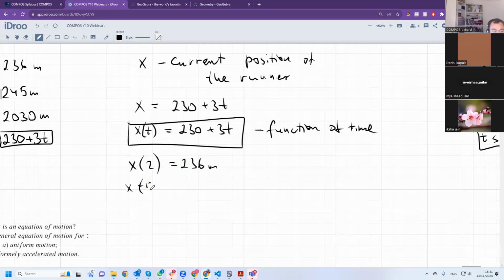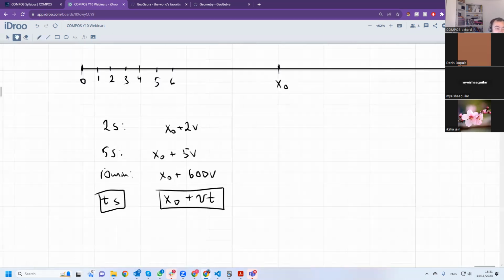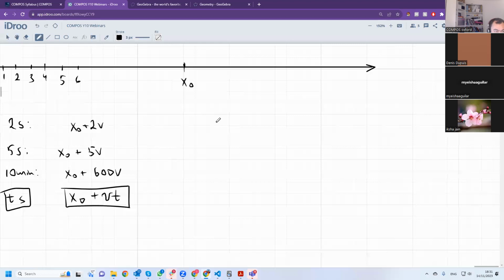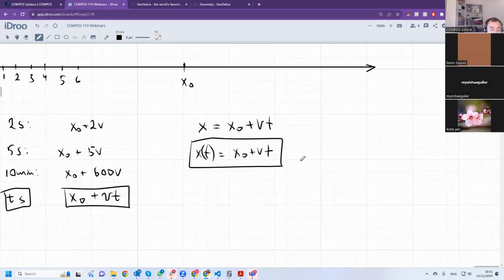X of 5 is 245 meters, etc. So this thing, x equals x0 plus vt, or x of time is x0 plus vt, is known as the equation of motion.